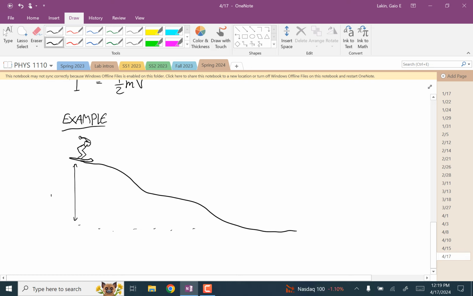That's not much of a ski hill, but let's give the skier a mass, although it turns out that wouldn't matter. So let's say a 50 kilogram skier is at rest at the top of the hill. How fast is the skier moving at the bottom if there's no friction?